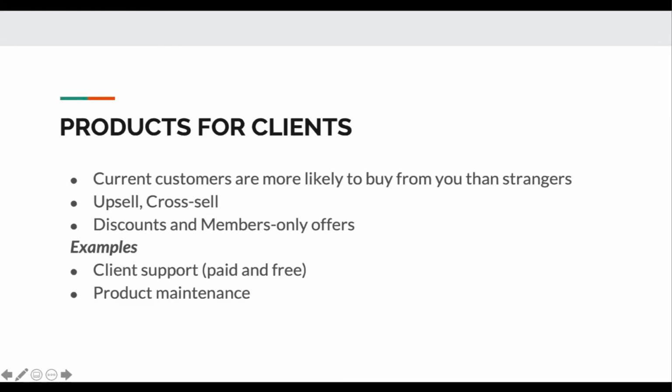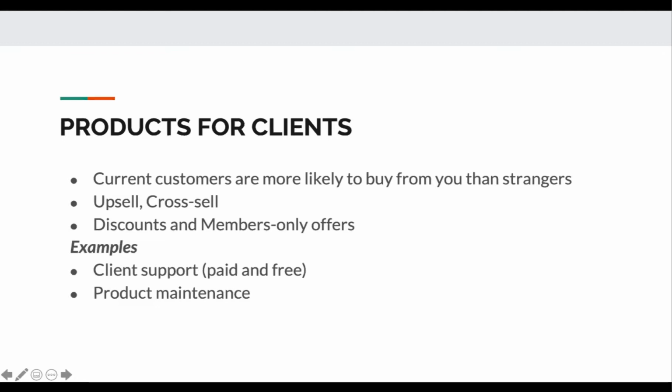Look for things you can do. Examples, okay, of products for clients. If you buy a car, you are more likely to want to buy an extra tire. You could be offering something that has to do with fittings, or something that has to do with the interior design of the car. Look for things like that.